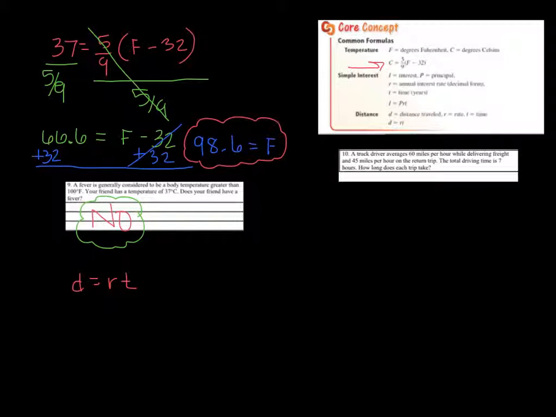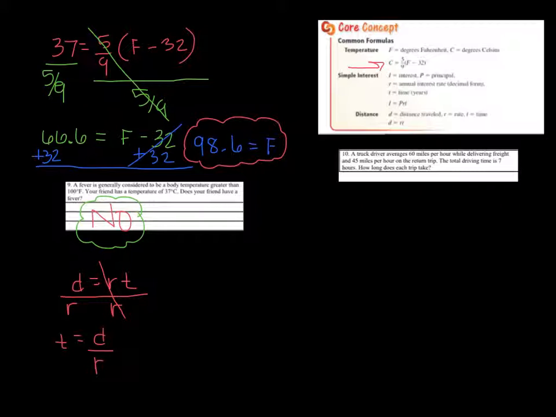So I'm going to actually solve this for t so that I can get the time by itself. So the opposite of multiplying by the rate would be to divide. So I know that t has to be equal to the distance divided by the rate. And that's going to allow me to use the information that they gave me in the problem.